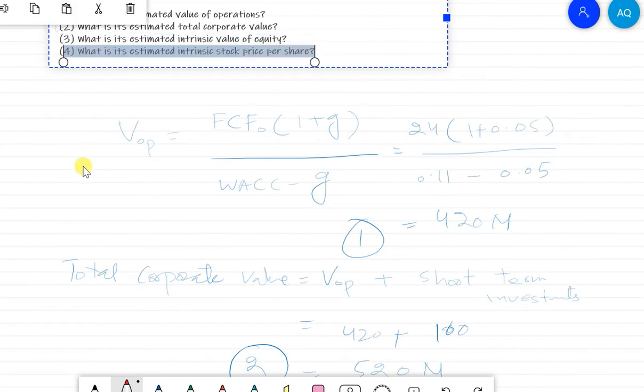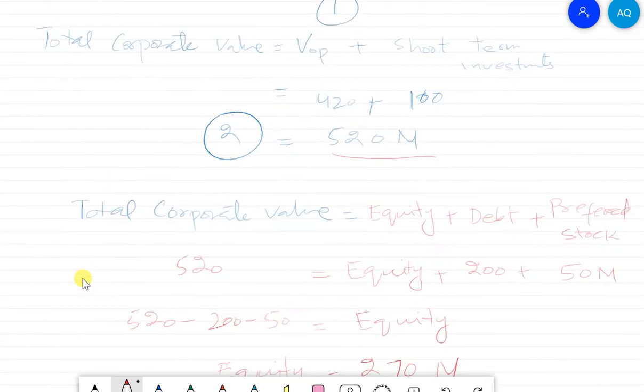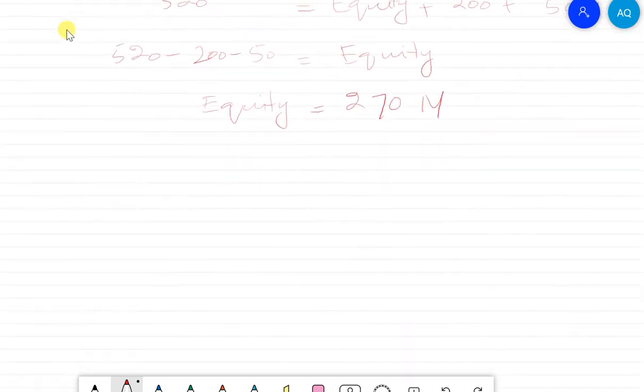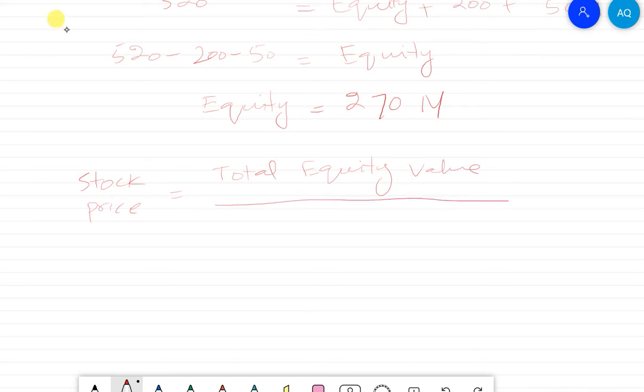Fourth portion is what is the estimated intrinsic stock price per share. To calculate stock price, we need total equity value divided by number of shares outstanding.